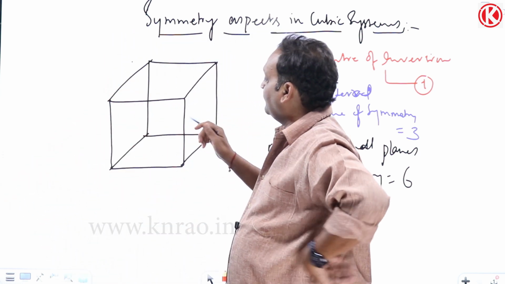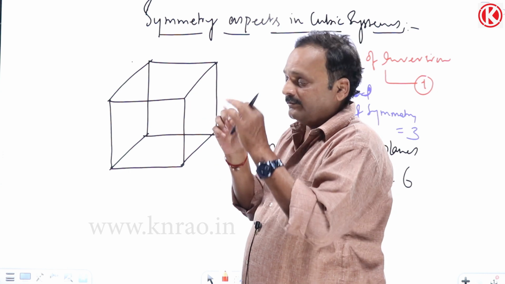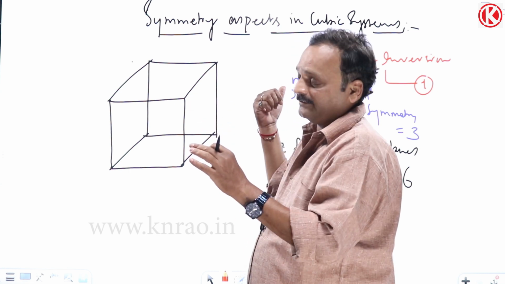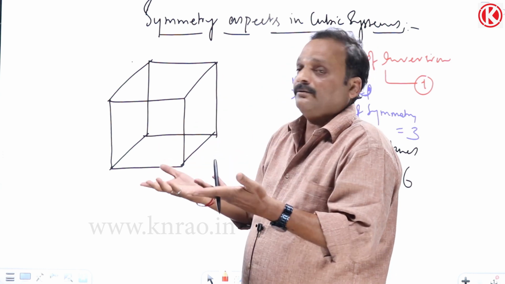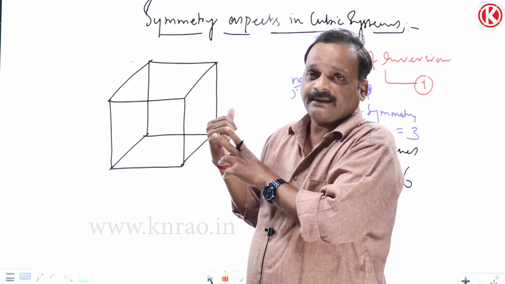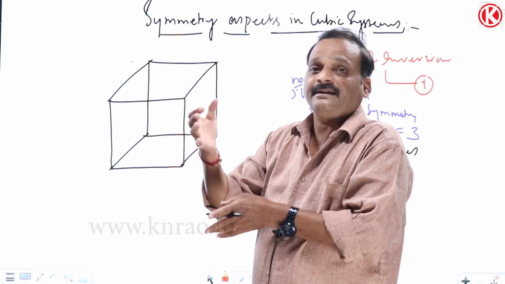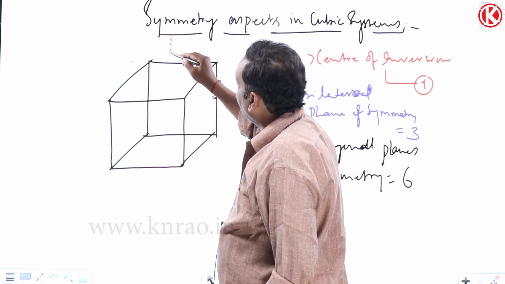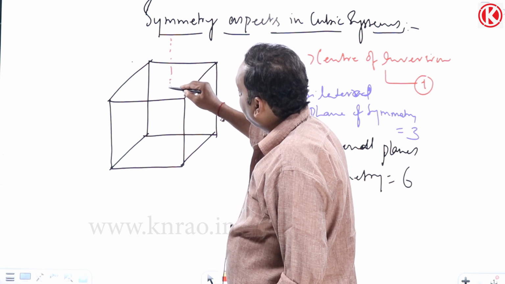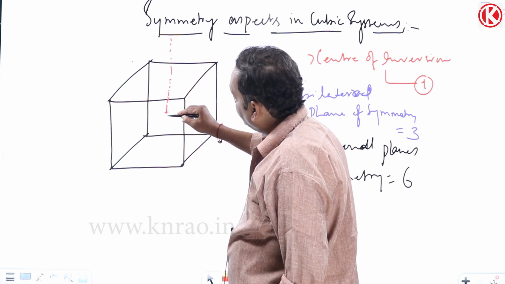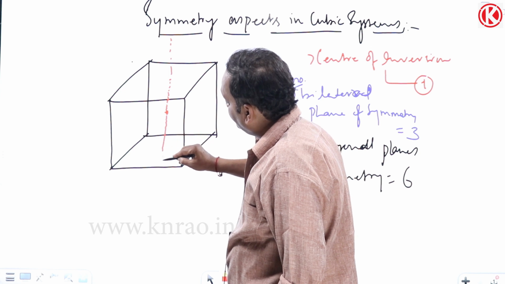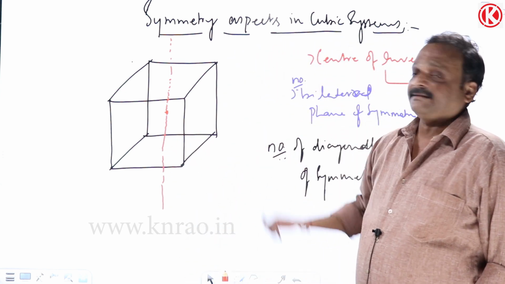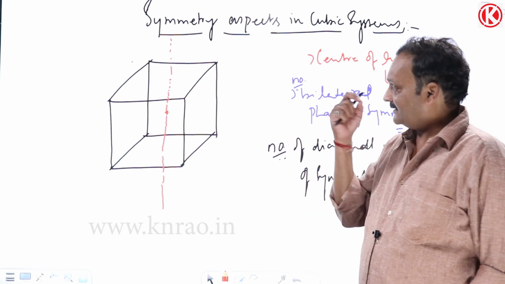We have seen about a point, in what ways the cube is symmetric, the center of inversion. About planes, how the cube appears symmetric, planar symmetry we have seen. Now we will see axial symmetry, about a line. I'll imagine one axis passing through the midpoint of the upper face, passing through the body center and passing through the midpoint of the bottom face. This is one axis.